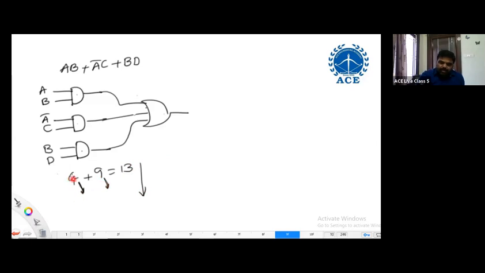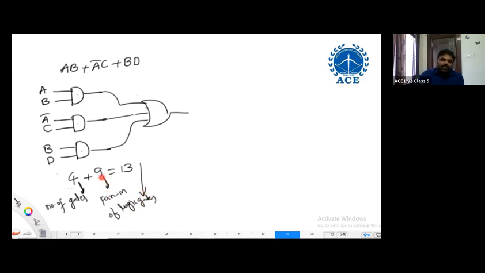What is this? Number of gates. Then what is this? Number of inputs of each and every gate, which is also named as the fan-in of logic gates. Right? What is it here? Fan-in of logic gates.